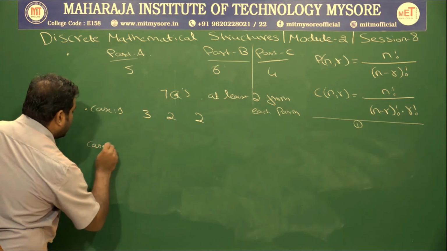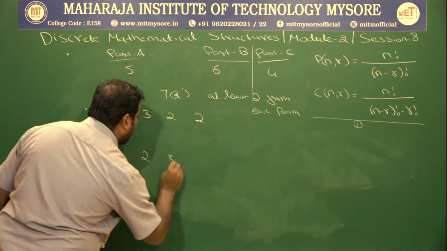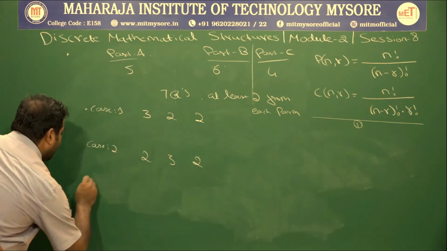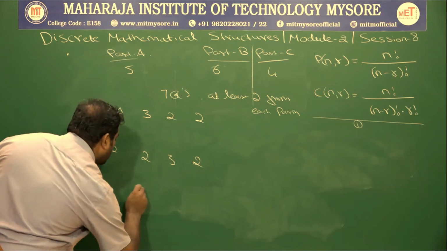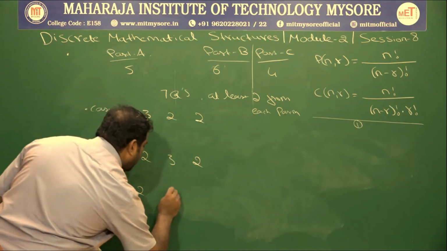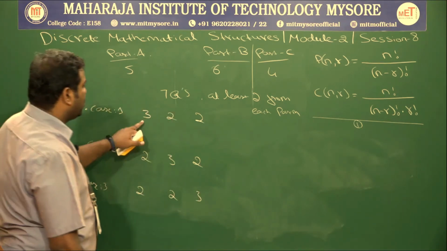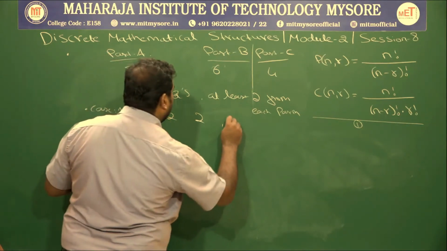In case 2, I'm going to pick 2 questions from part A, 3 from part B, and 2 from part C. And in case 3, I'm going to have 2 from part A, 2 from part B, and 3 from part C.